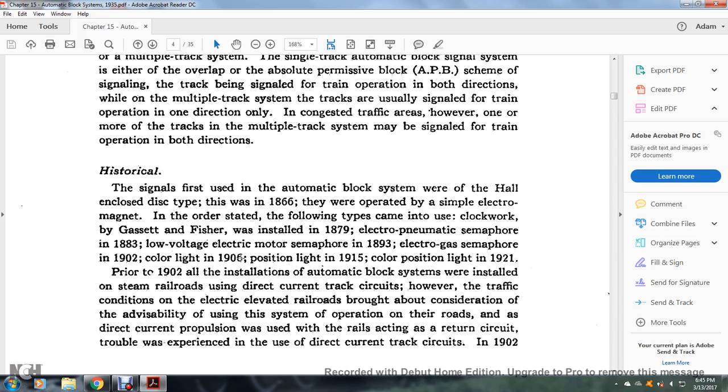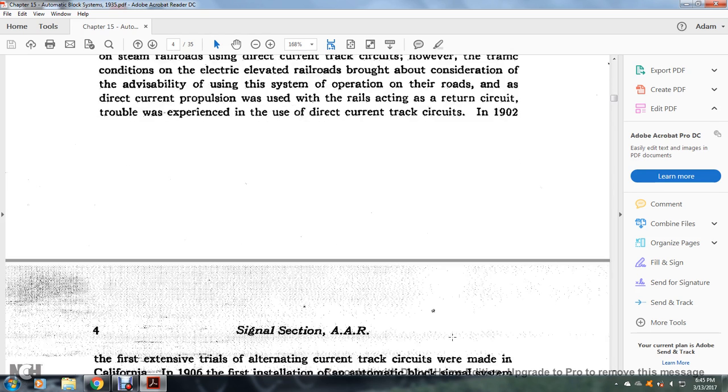Prior to 1902, automatic block system installations on steam railroads used direct current track circuits. However, the track conditions of the electrically operated railroads brought about consideration of the system of operation where direct current propulsion was used, the rail acting as the return circuit. Trouble was experienced using direct current track circuits in 1902.